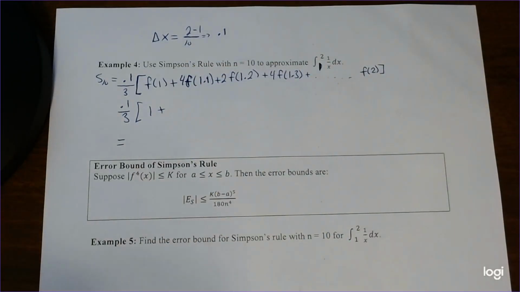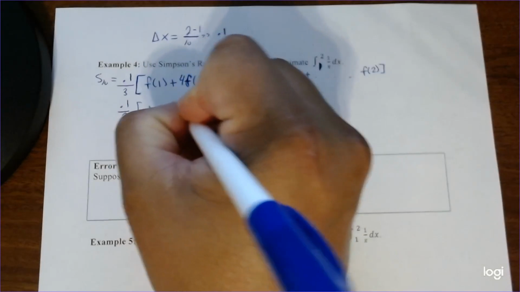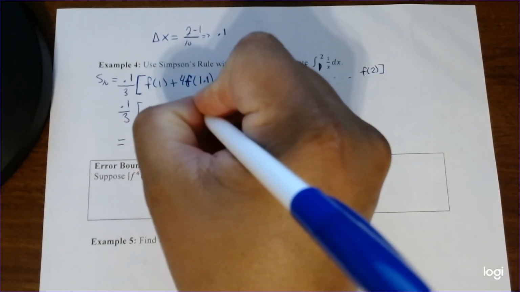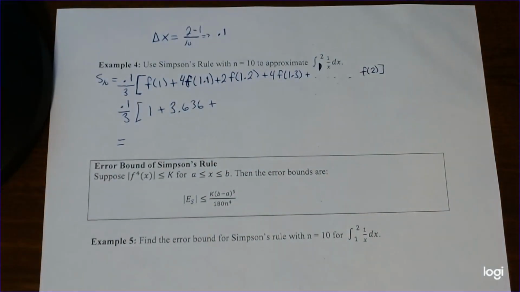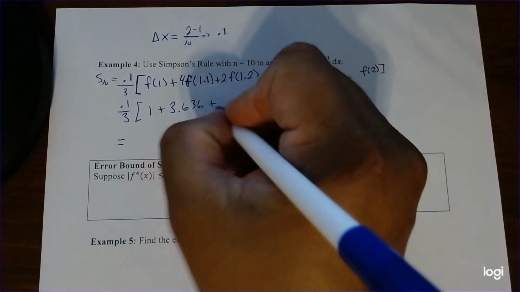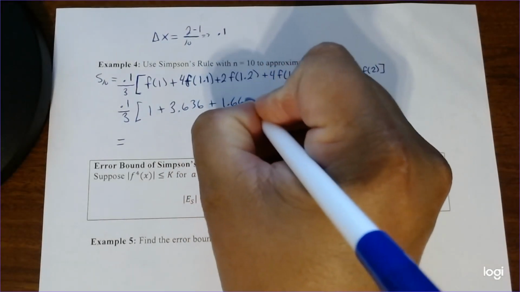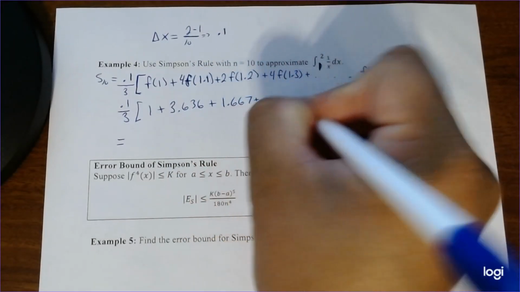So for example, I'll give you the next couple so you can see the pattern. 1 over 1.1 times 4 gives you approximately 3.2, then 1.636, and keep going. 1 over 1.1 times 2 this time is 1.667, and keep going.